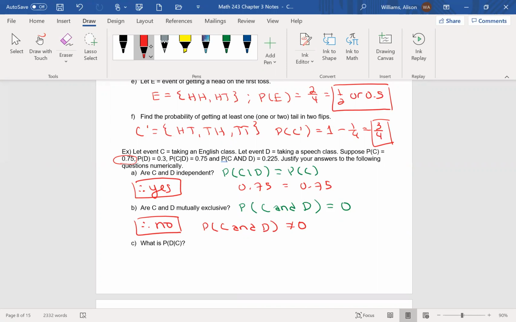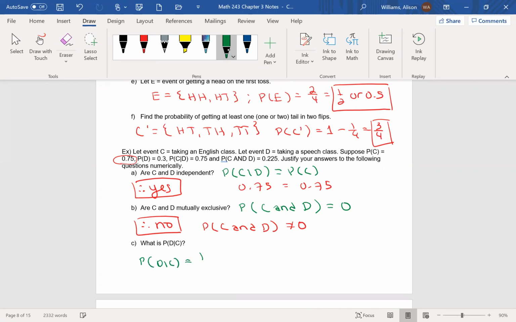Okay, now they want to know, what is the probability of D given C? For this, we're going to use a formula.